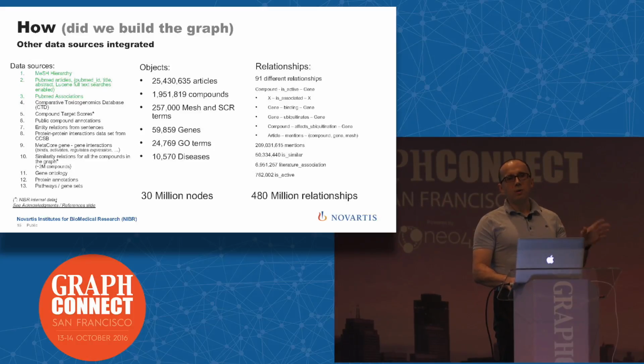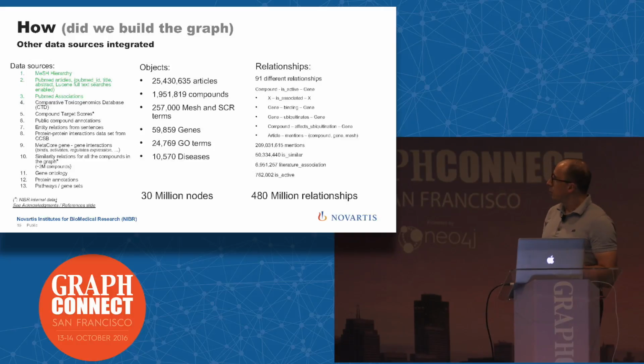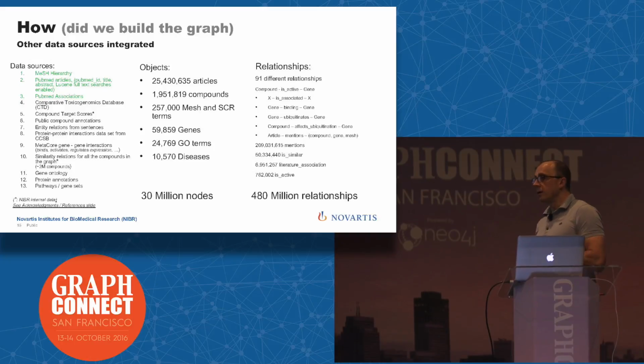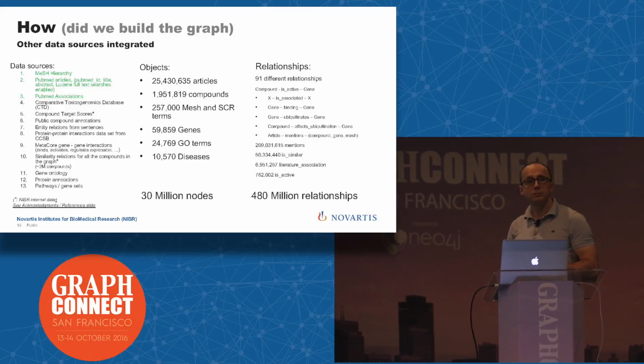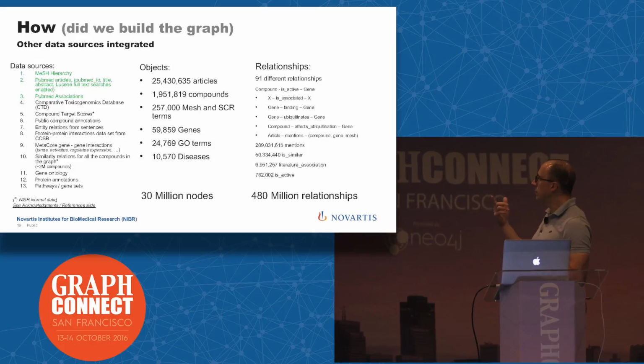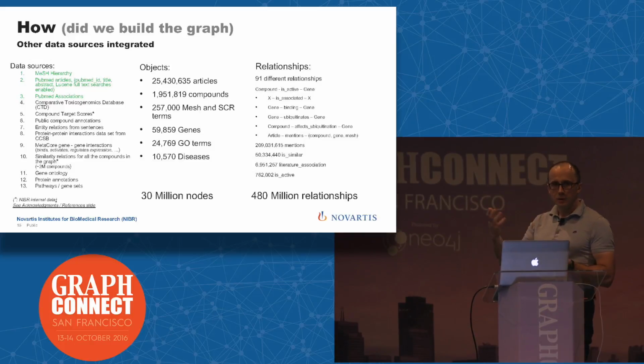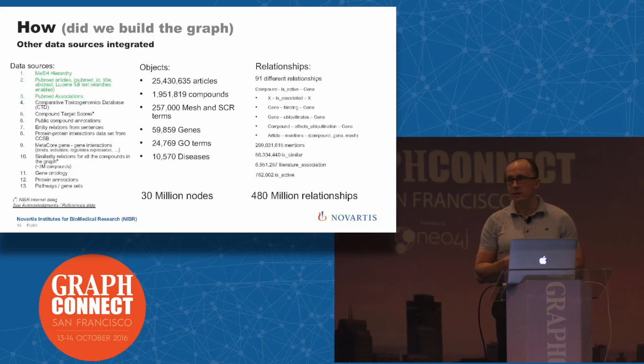For us, this is all about relationships. That's what connecting the dots is. So we have about 91 different relationships, and a total of about 400 million relationships. And the 91 different relationships, that's just the richness of the biology and the underlying data that we're getting.